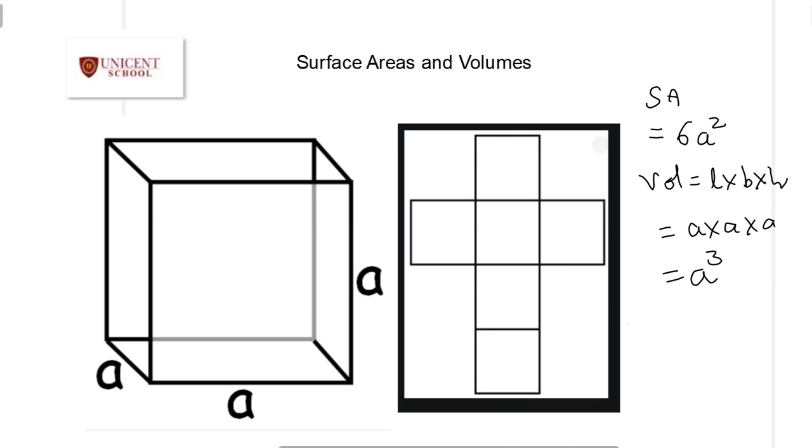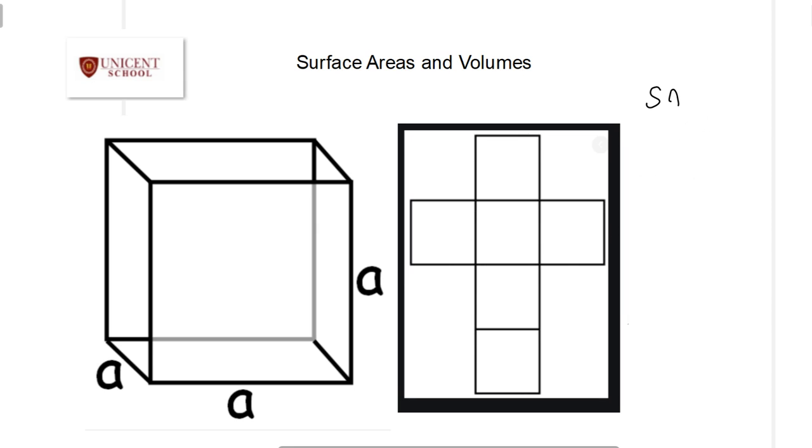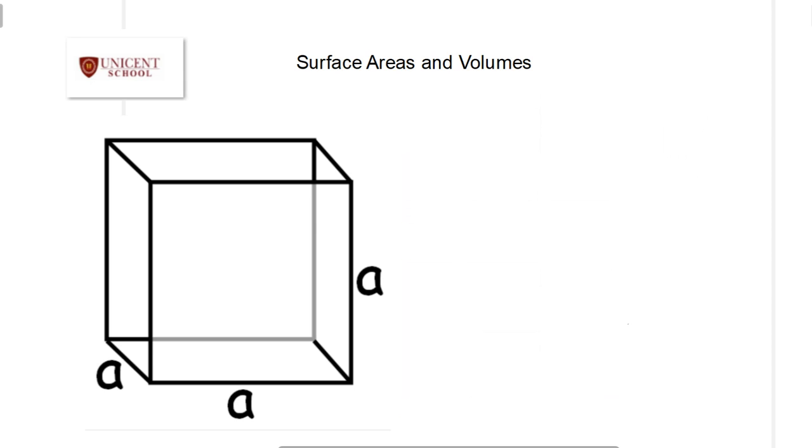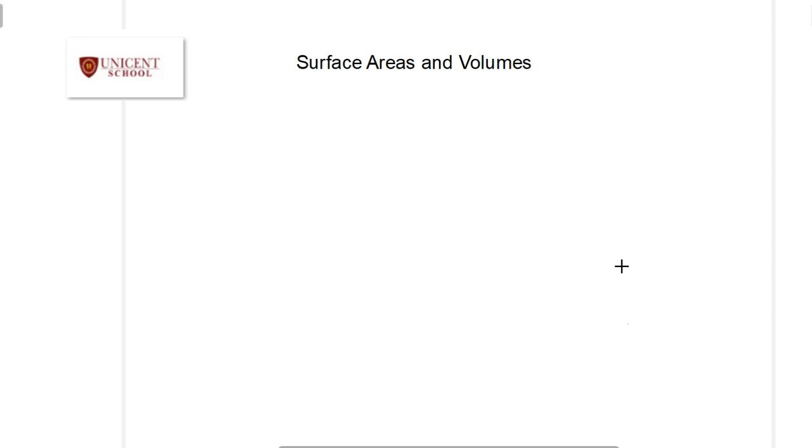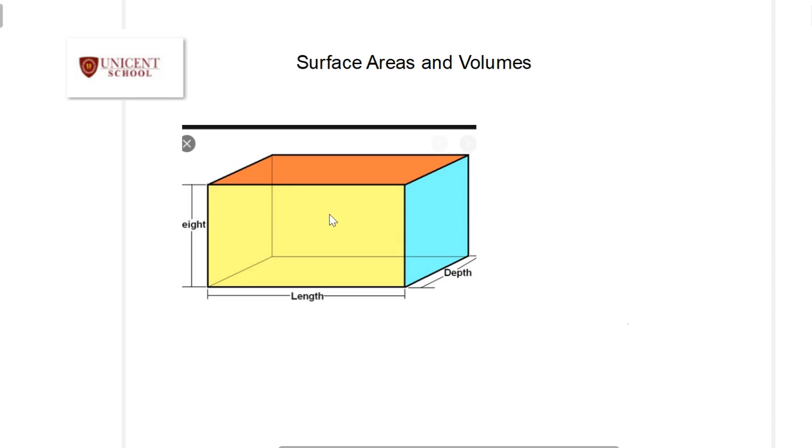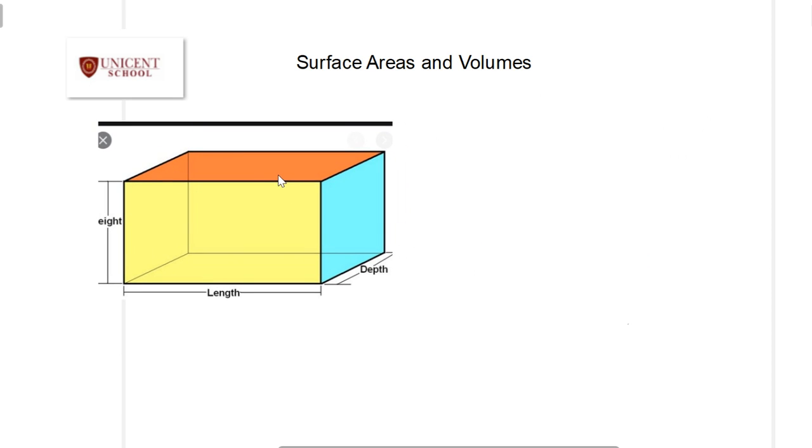Now let us see the cuboid. Cube and cuboid are similar. The only difference is in the measurements of their sides. Let us take the cuboid. This is a 3D view of a cuboid.